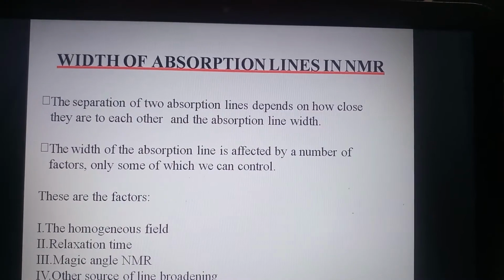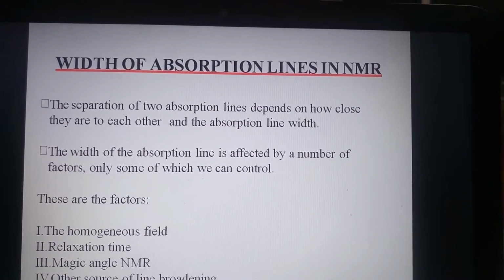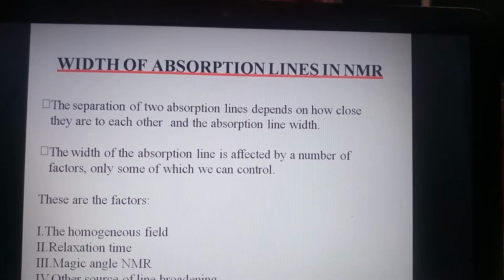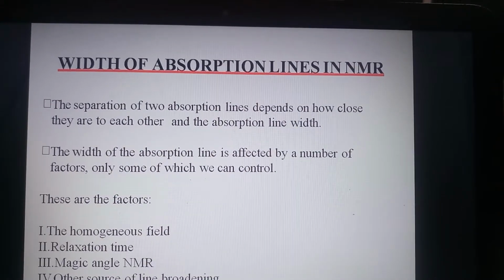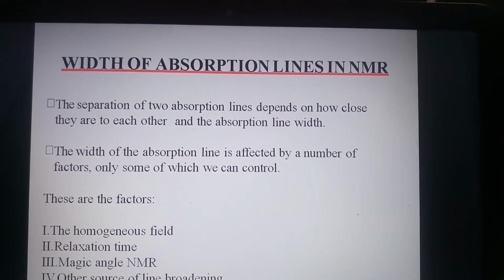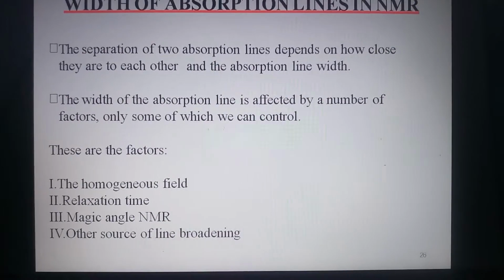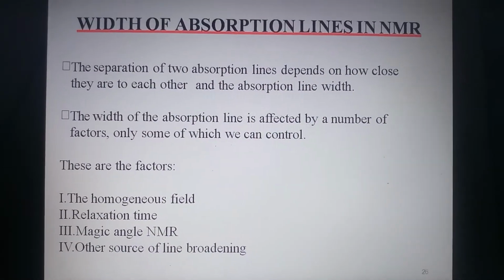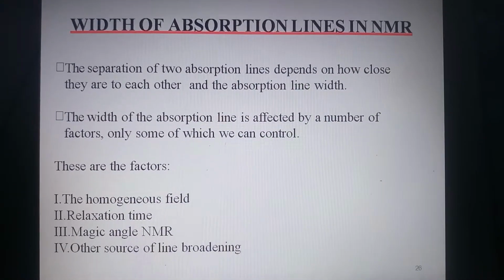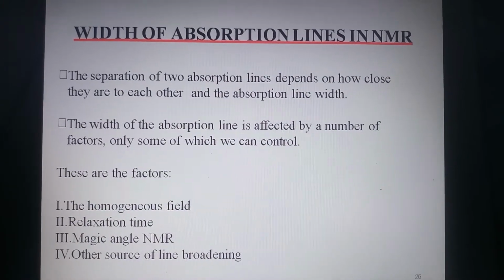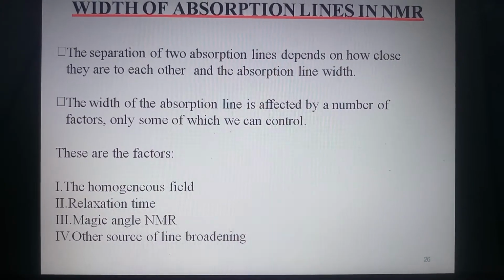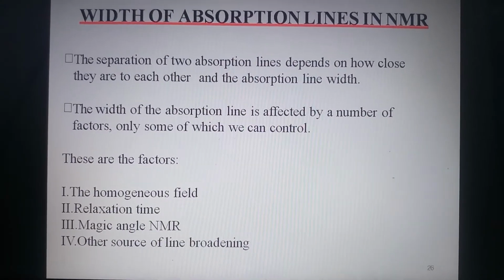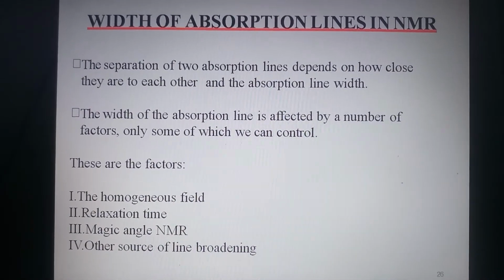The width of the absorption line is affected by a number of factors, only some of which we can control. These are the factors: the homogeneous field, that is the applied field, how homogeneous it is; relaxation time; magic angle NMR; and other sources of line broadening.